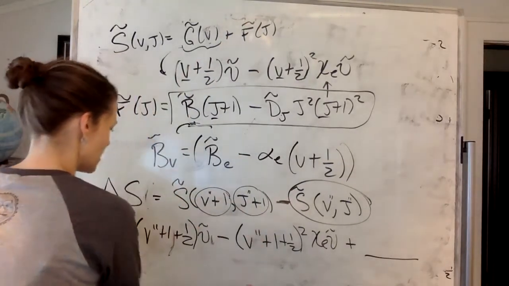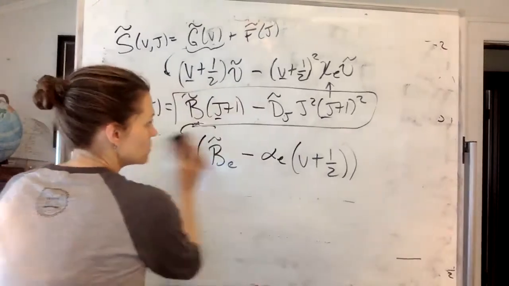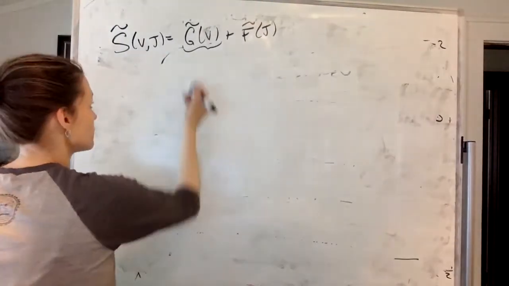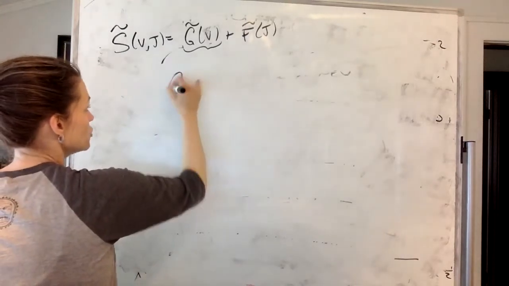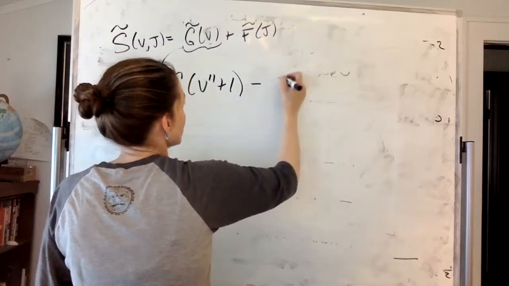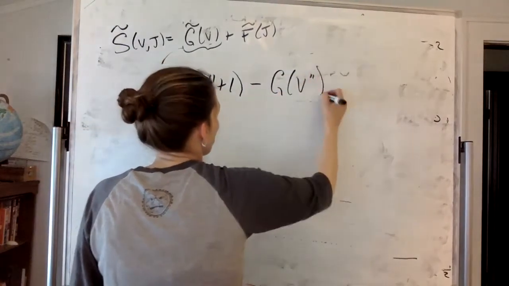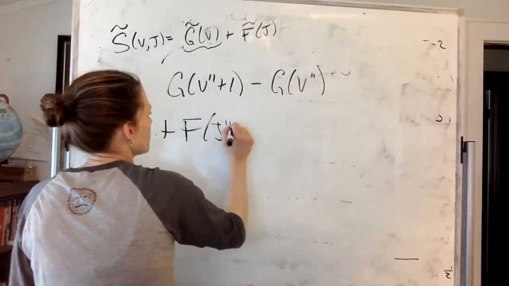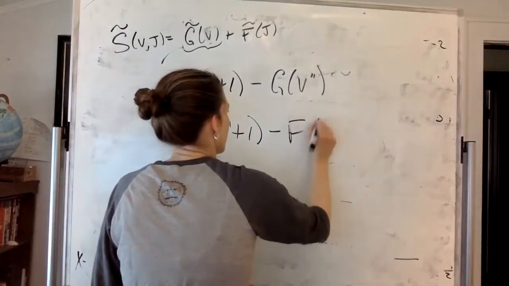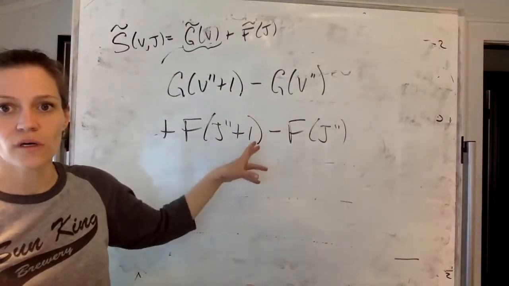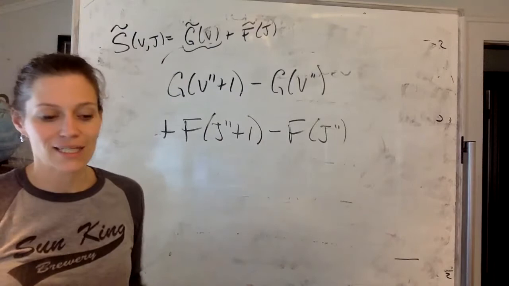Because you could say the same thing where this is the same as, so you've got G(V double prime plus 1) minus G(V double prime) plus F(J double prime plus 1) minus F(J double prime). So write this out with each one and then simplify it and add it together.